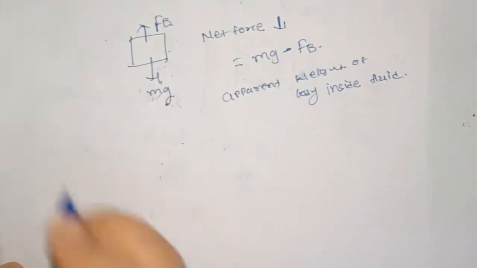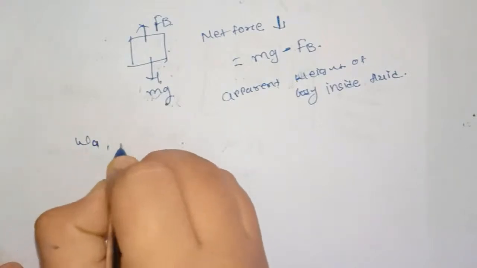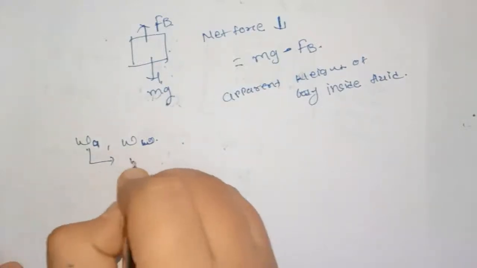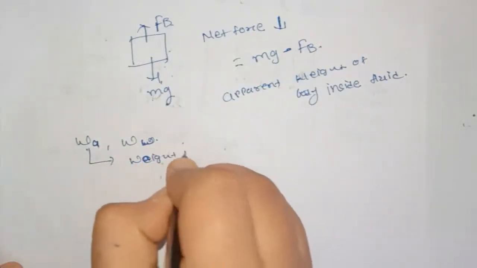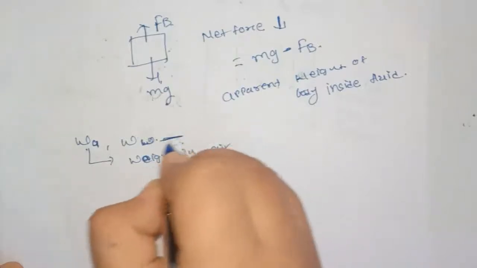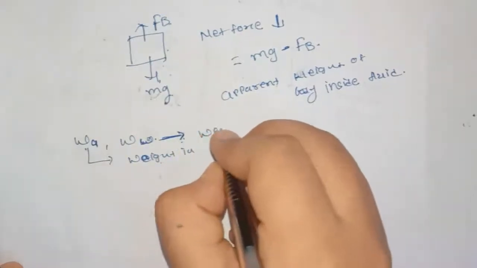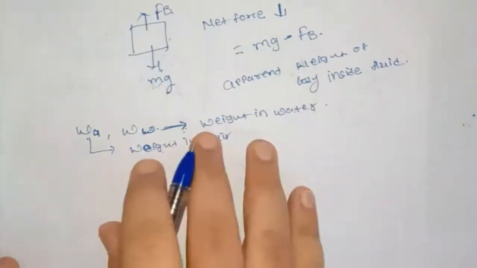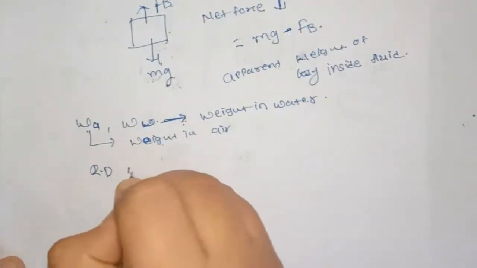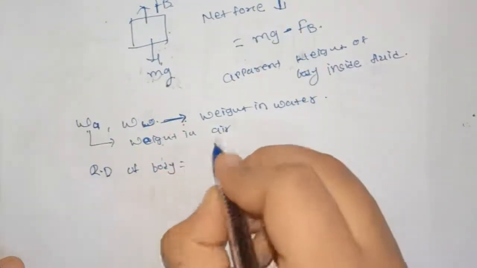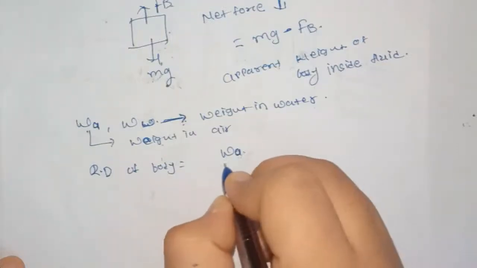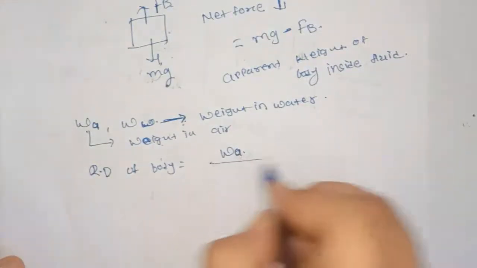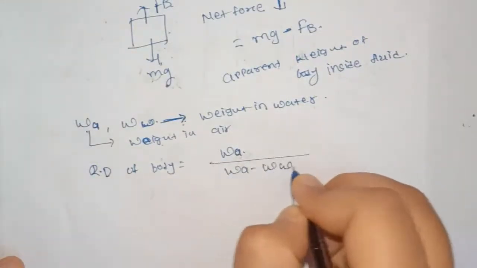If we know the weight of body in air and weight of body in water, let's say WA is the weight in air and WW is the weight in water, then the relative density of the body is weight in air upon weight in air minus weight in water.